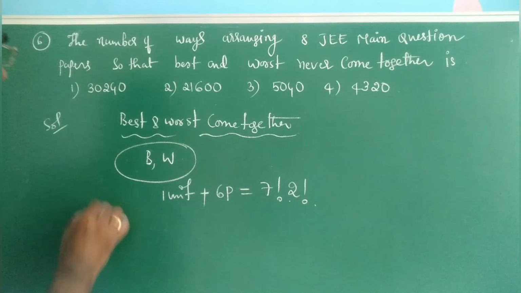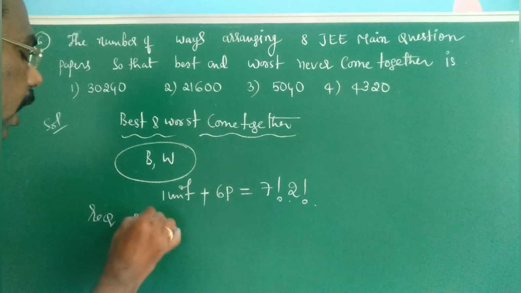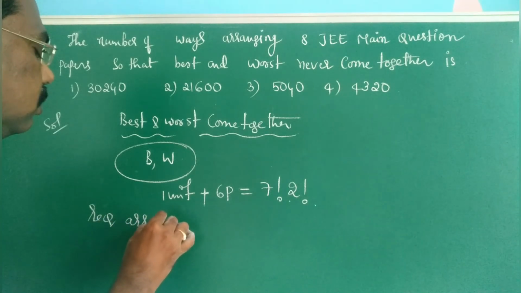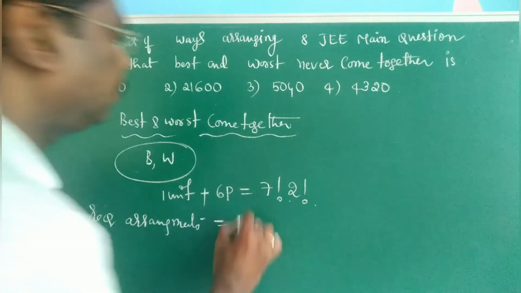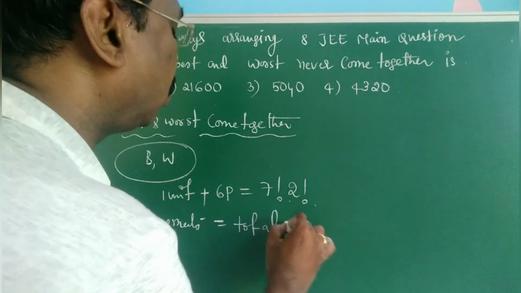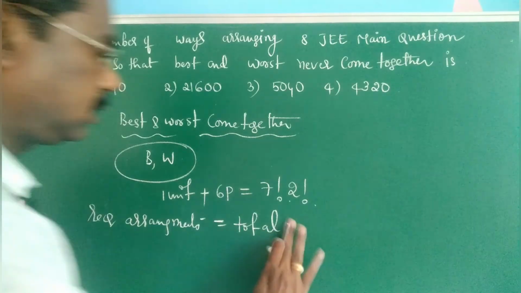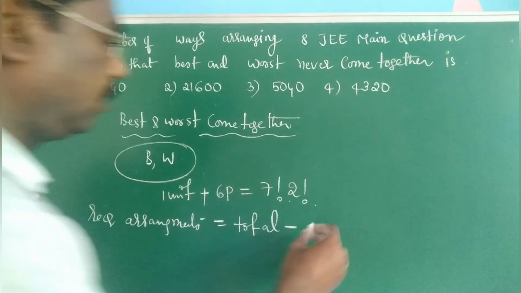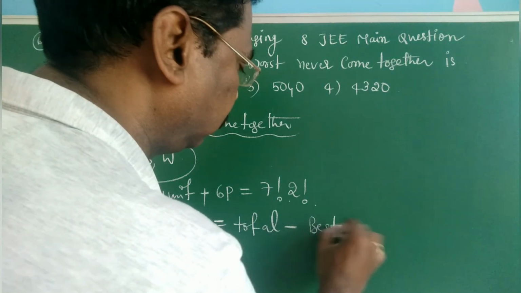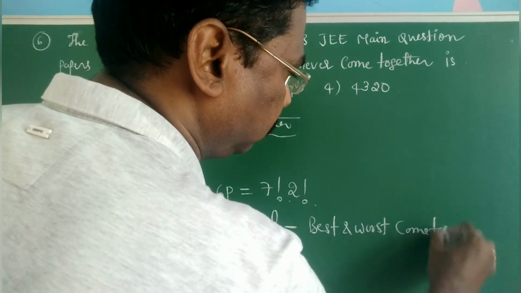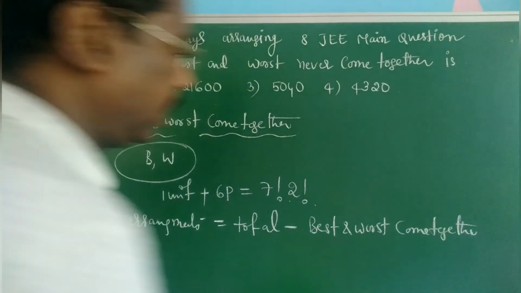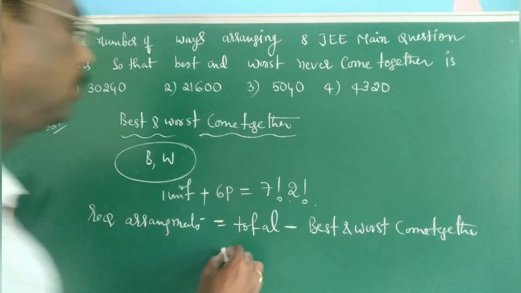Now the required arrangements is equal to total minus best and worst come together.